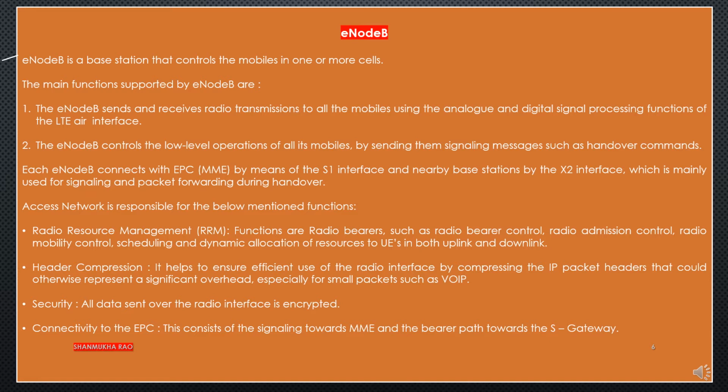It helps to ensure efficient use of the radio interface by compressing the IP packet headers that could otherwise represent a significant overhead, especially for small packets such as VoIP. Third is security. All data sent over the radio interface is encrypted. Fourth is connectivity to the EPC. This consists of the signaling towards MME and the bearer path towards the serving gateway.